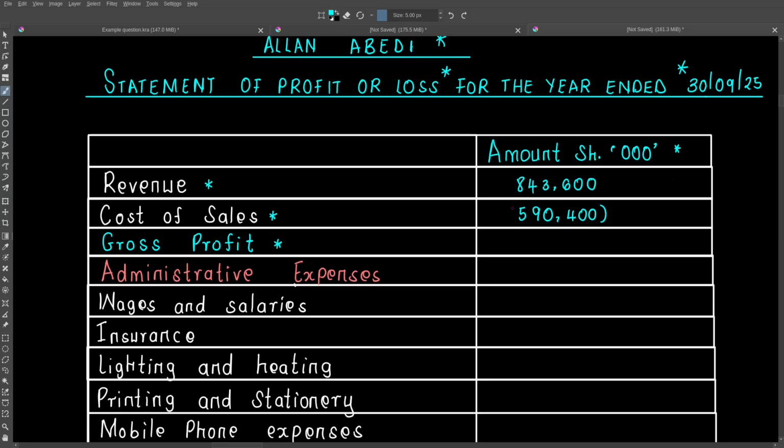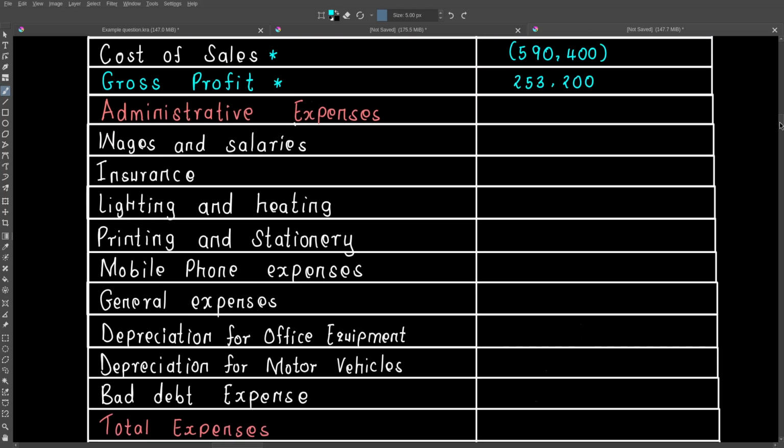So it's a less. We less cost of sales to get our gross profit, which is going to be 253,200. So our gross profit is basically 843,600 less 590,400.